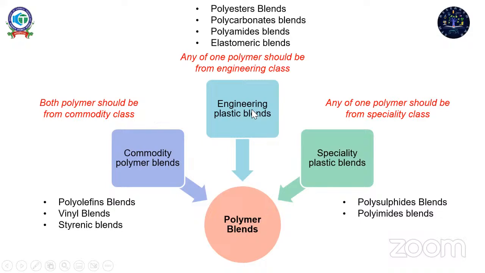When we call it an engineering plastic blend, any one of the polymers should be from the engineering class. And for specialty plastic blends, any one of the polymers should be from the specialty class.